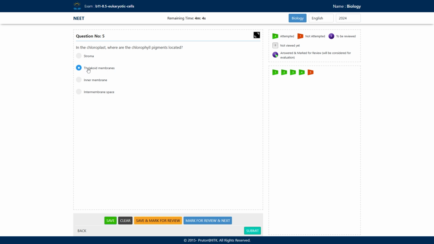Option number B, thylakoid membrane, is the correct answer. These chlorophyll pigments are present in the thylakoid membrane. Clear?